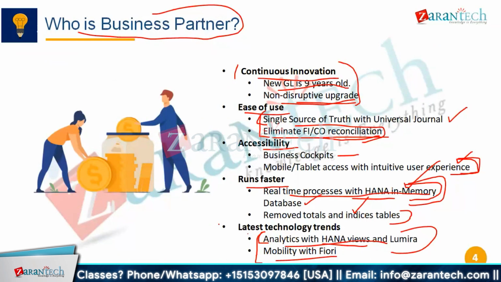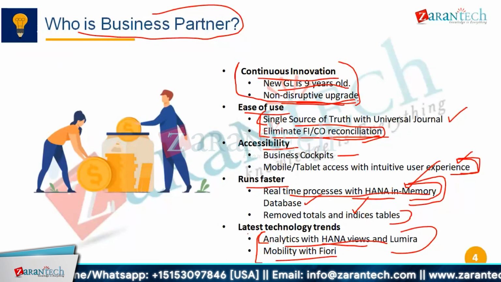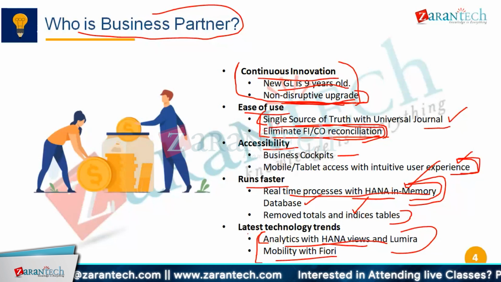So the benefits, like continuous improvement. Non-disruptive upgrade, so you could do the upgrade without any disruption of the running system. Ease of use, single source of truth with universal journal. Elimination of FICO reconciliation. Accessibility.